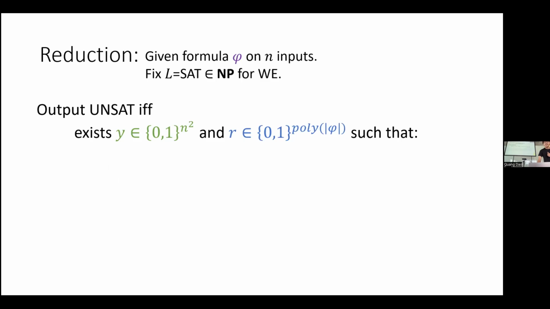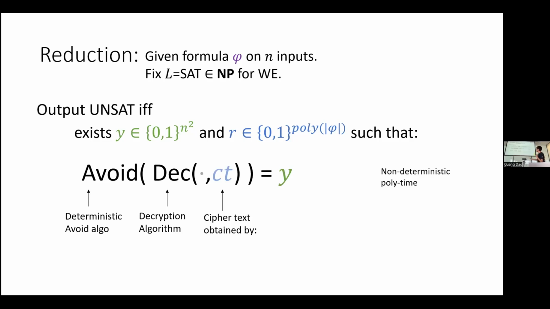So given the formula phi as an input, we fix the language to be SAT, which is in NP, where we are doing witness encryption. And we output unSAT if and only if there exists a string y and a random string r, such that if we put this circuit into the range avoidance algorithm, it will output y.